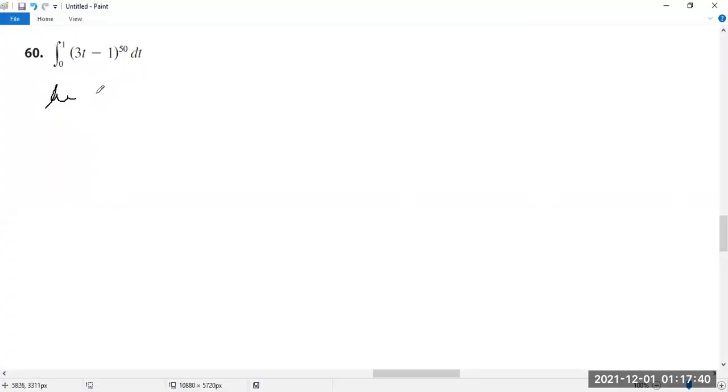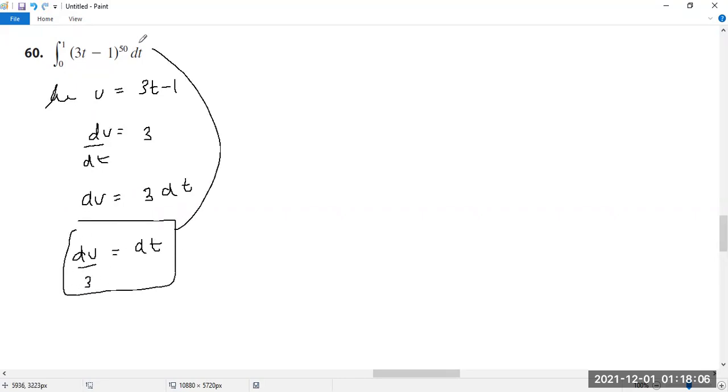So let u equal 3t minus 1. du over dt equals 3, and then du equals 3 dt. Divide both sides by 3, and you'd have du over 3 equals dt.